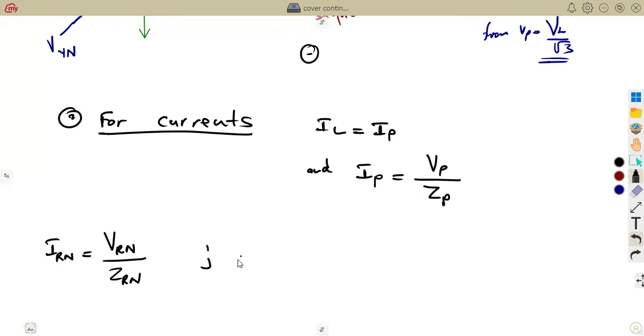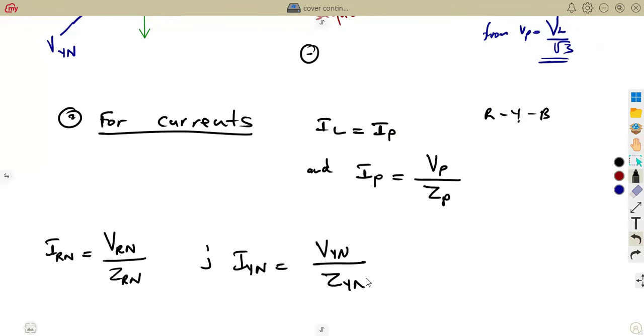The same way, remember your sequence, guys, red, yellow, blue. Move on to the yellow. Yellow to the neutral. That's going to be the voltage for that yellow phase over the impedance for that yellow phase.